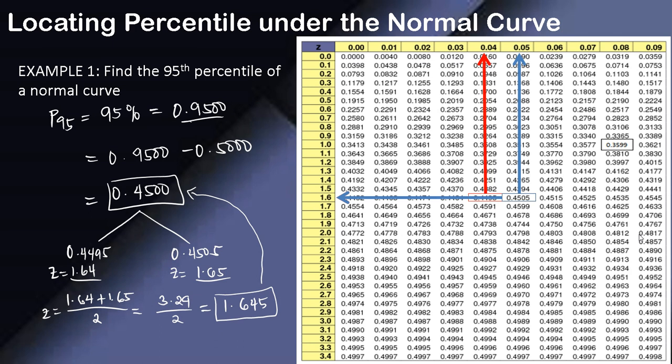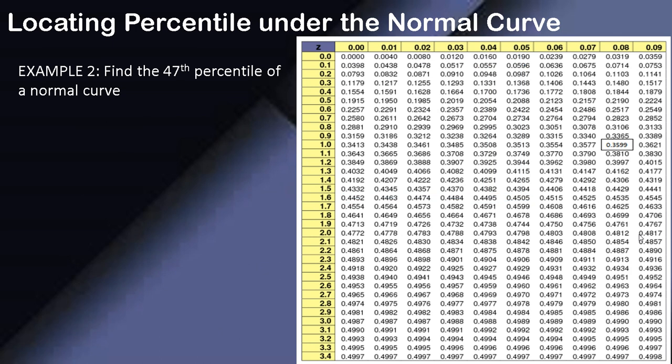Ayan. So, next, find the 47th percentile of a normal curve. Napakasimple lang din po niyan. First, represent 47 as a percentile. So, that is 47%. Then, 47 divided by 100, it will give you 0.4700.